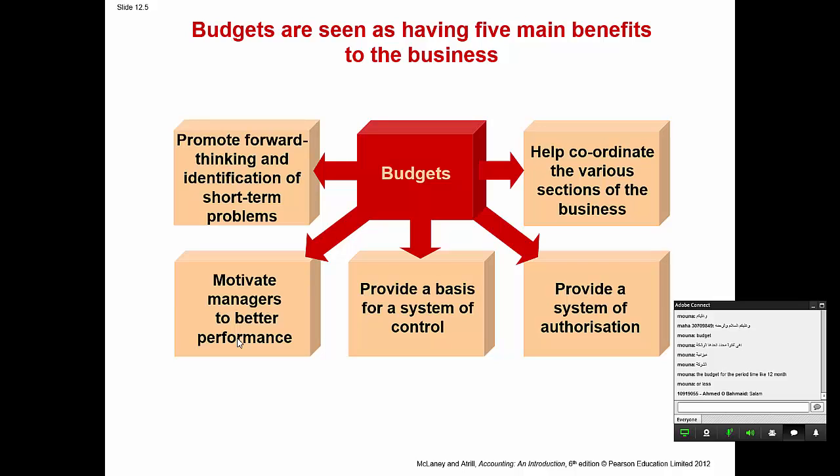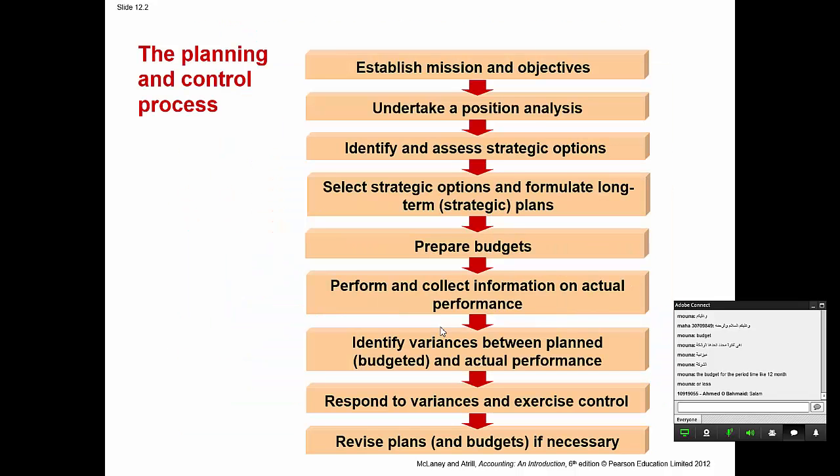The budgets also provide a basis for a system of control, because as you can see here, after we prepare the budget, the company needs to see the actual performance and needs to control this performance.